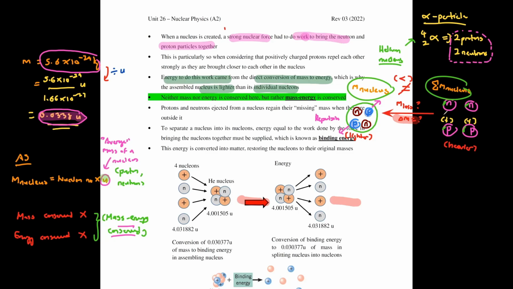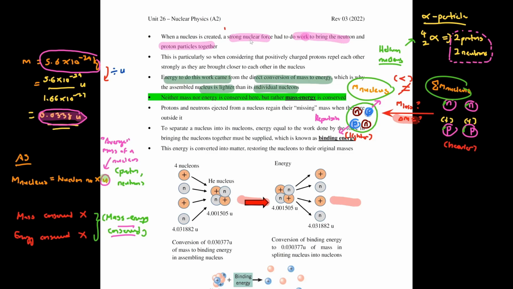Okay, so your nucleons go into your nucleus. You convert mass into energy so that you can do work to squish them together inside a nucleus. So once you squish them together inside a nucleus, the particles will be stuck there. If let's just say you want to break the nucleus apart into the individual nucleons, you are looking at doing something opposite like this.